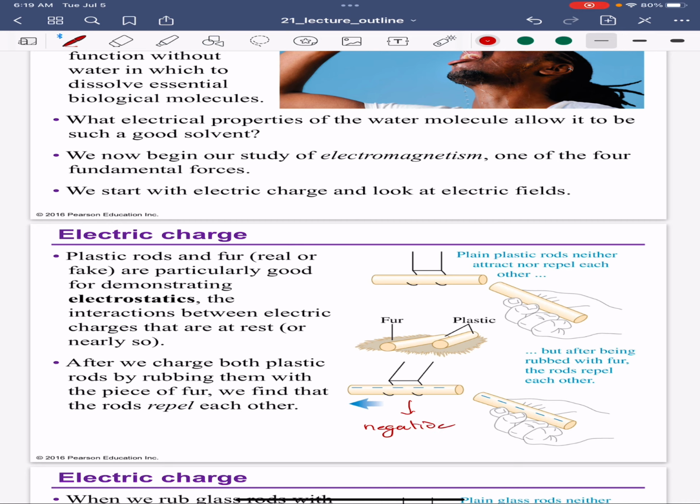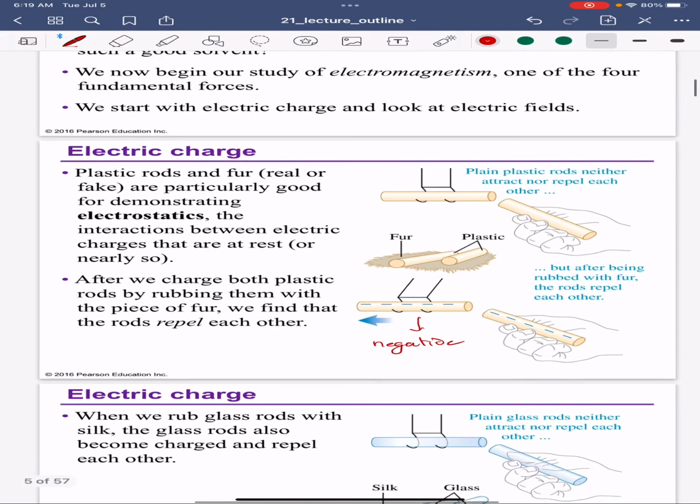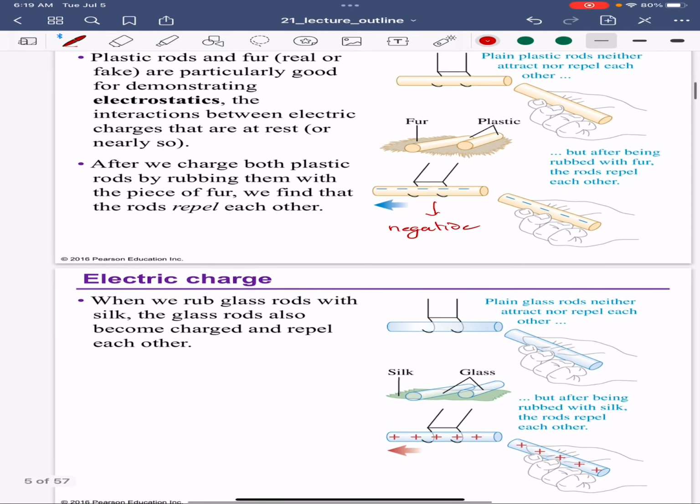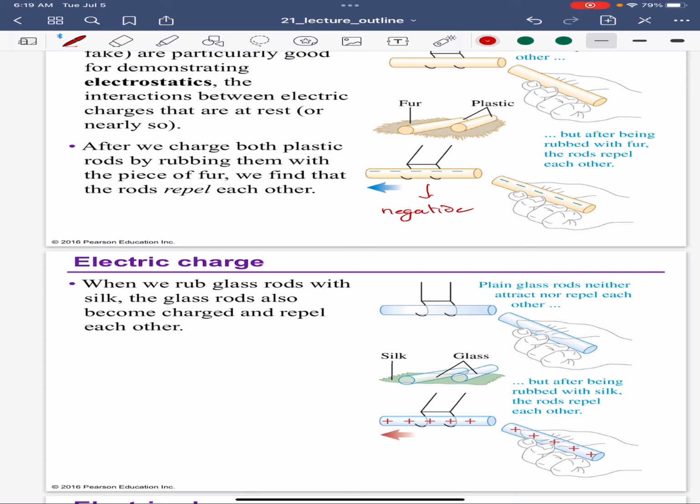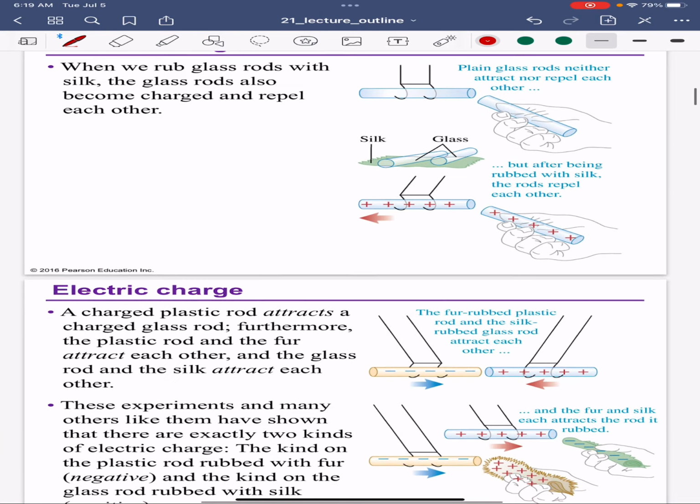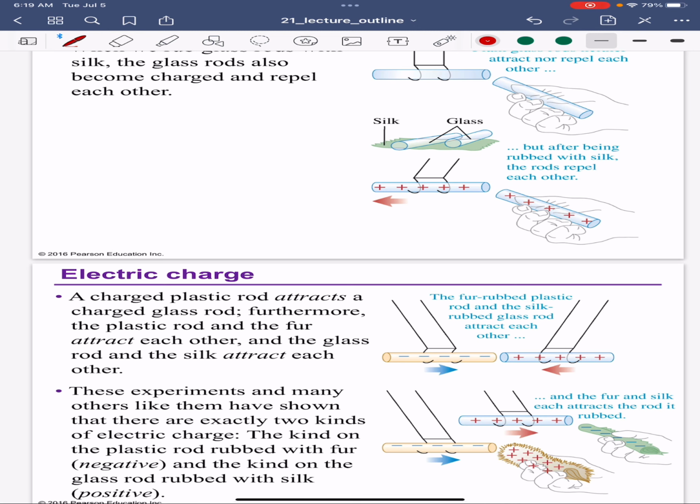If I have two of them, they are going to repel each other. Also, if we rub glass rods with silk, the glass rod will be charged positive, and two of them will repel each other. But if we have the charged plastic rod with the charged glass rod, they are going to attract each other.